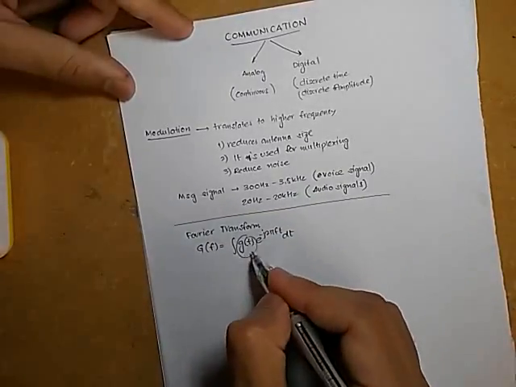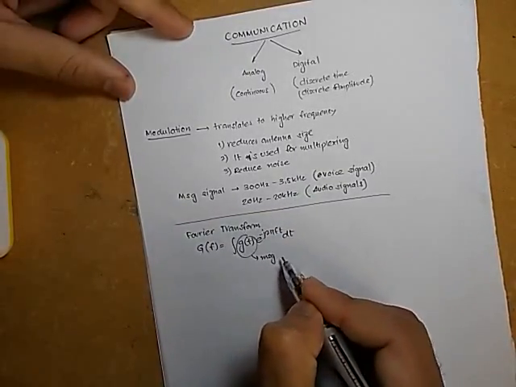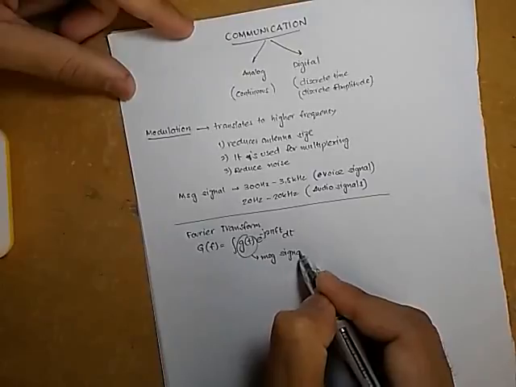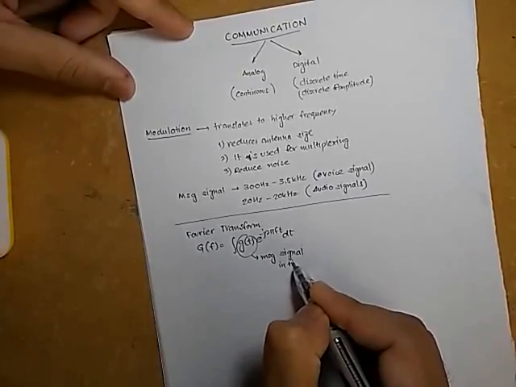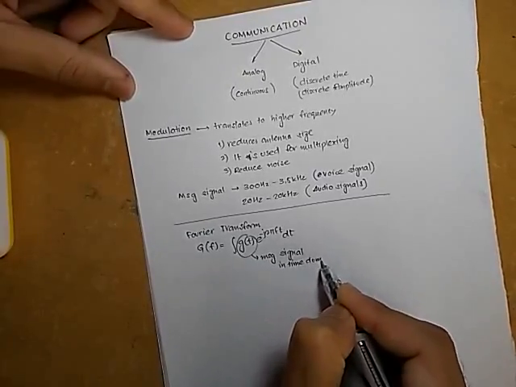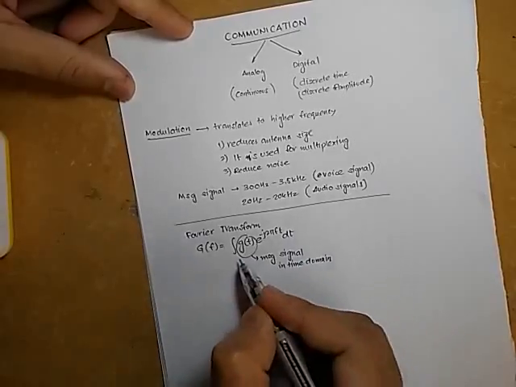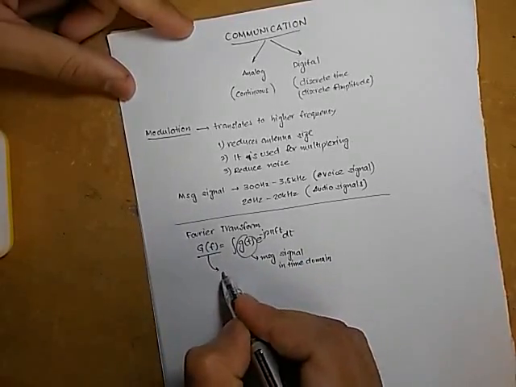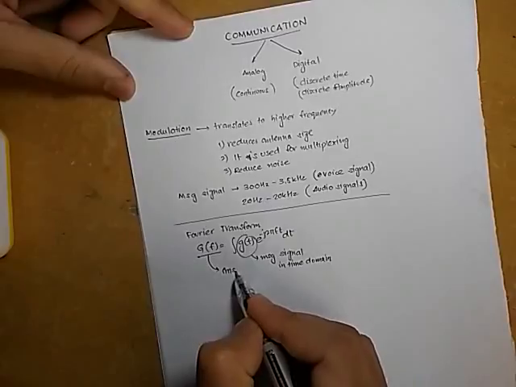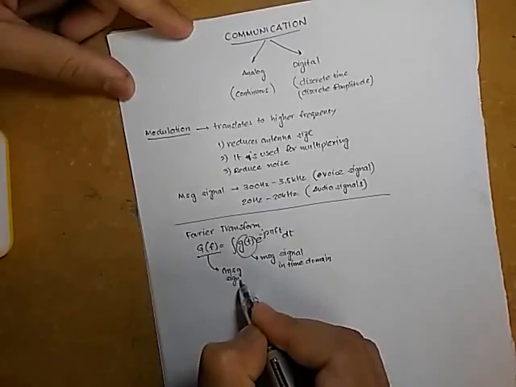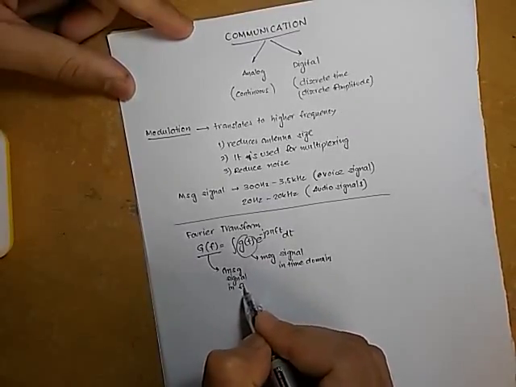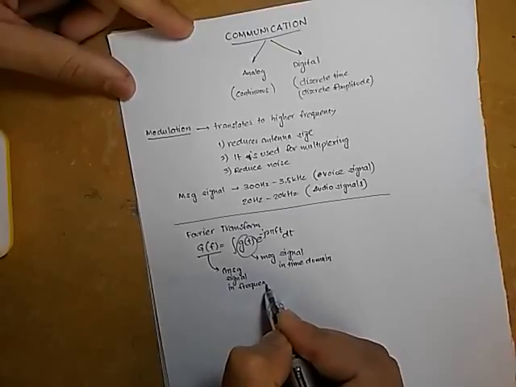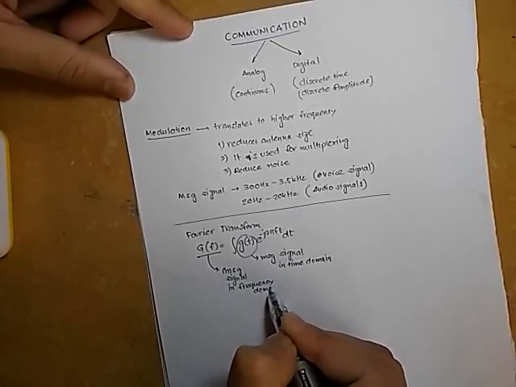Here g of t is our message signal in time domain, and we are converting it to G of f, the message signal in frequency domain.